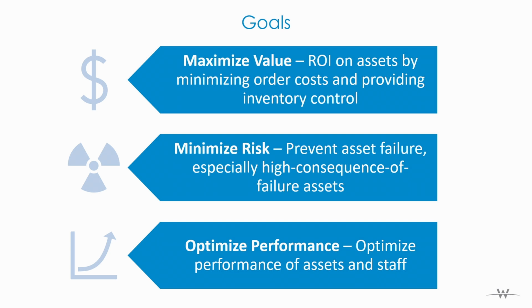We want to minimize risk, so we want to prevent asset failure, especially on our critical assets. And we also want to optimize our performance. That's one of the key goals. Our assets last longer when we maintain them, right? And we can maintain them longer if we have the materials we need to maintain those assets, right?